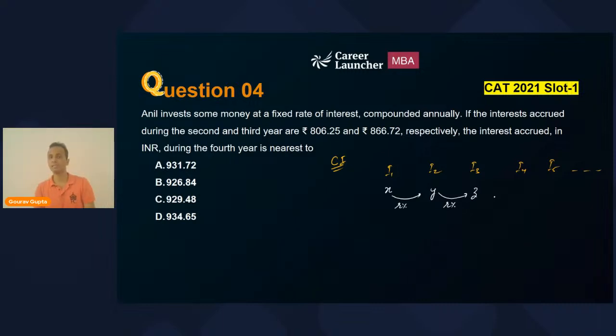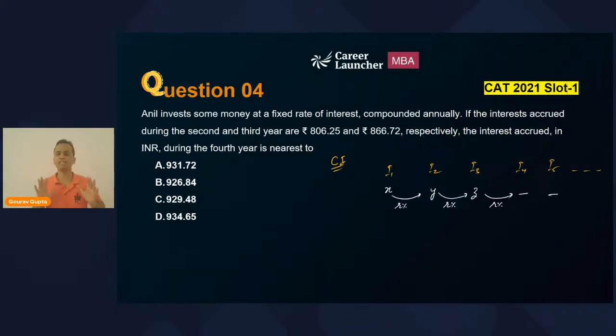Let's say this is Z. Again, we will increase by the same rate of interest and we will keep on obtaining the interest of subsequent years. So to obtain the interest in compound interest, we need to keep on increasing the interest of previous year by the same percentage.